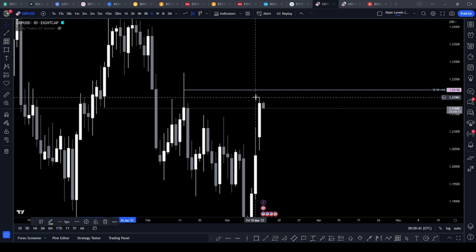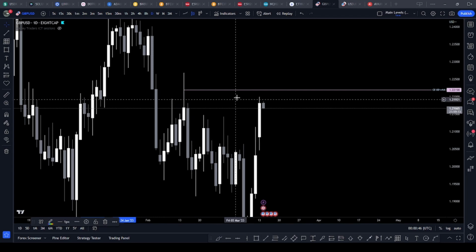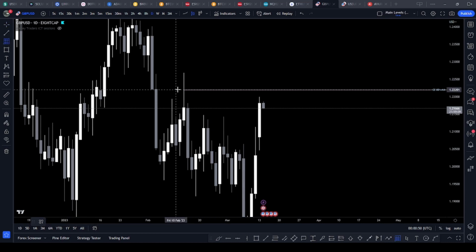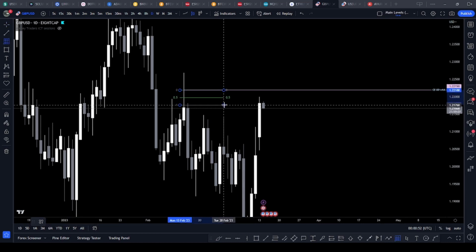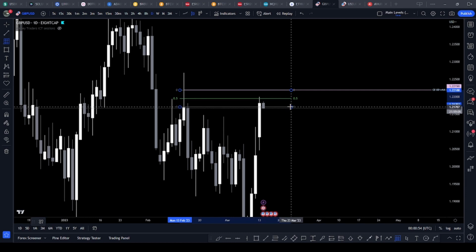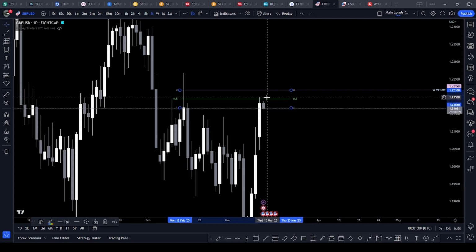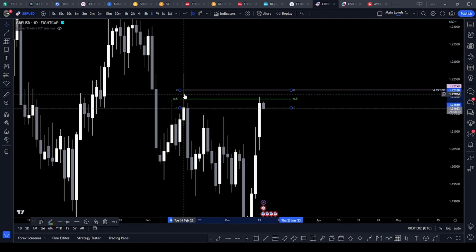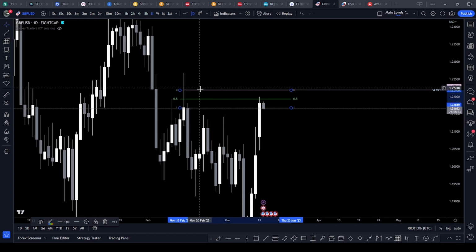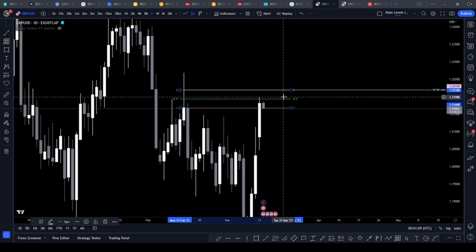You want to tell me what this is, where it rejected from? The lower quadrant. Although it did tap into the upper one a little bit, you see. So you can say it's a consequent encroachment of a consequent encroachment, something like that.